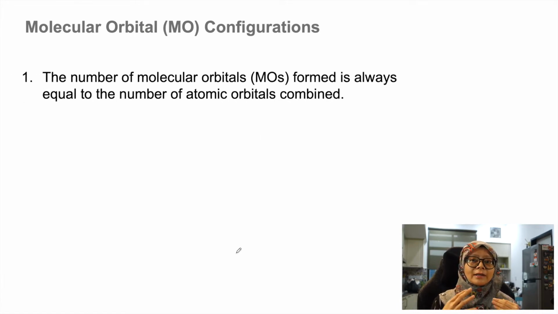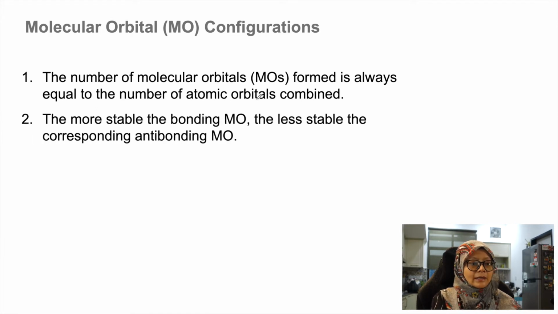So what are the theories for the molecular orbital configurations? First one is similar to hybridization, where the number of molecular orbitals, or MOs, formed is always equal to the number of atomic orbitals combined. Second, the more stable the bonding molecular orbital, the less stable the corresponding anti-bonding MO.